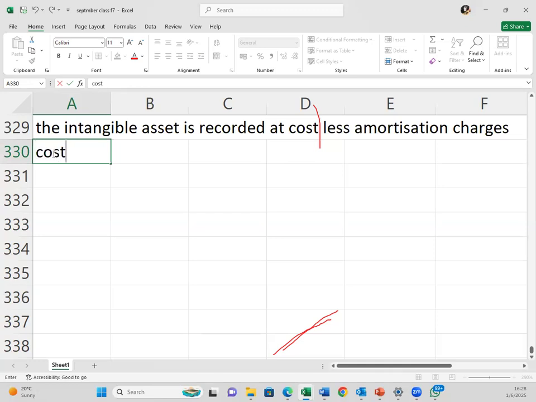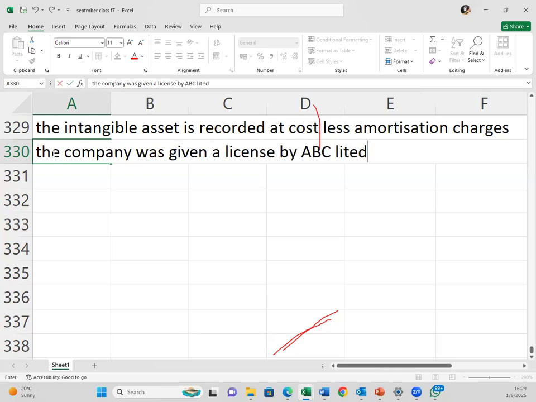So initially, we can get a license. For example, the company was given a license by ABC Limited to produce its products for 10 years.